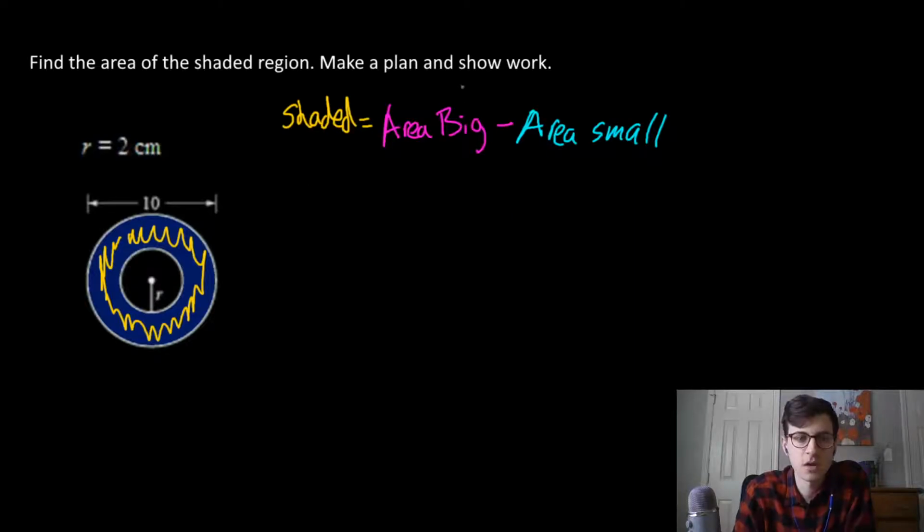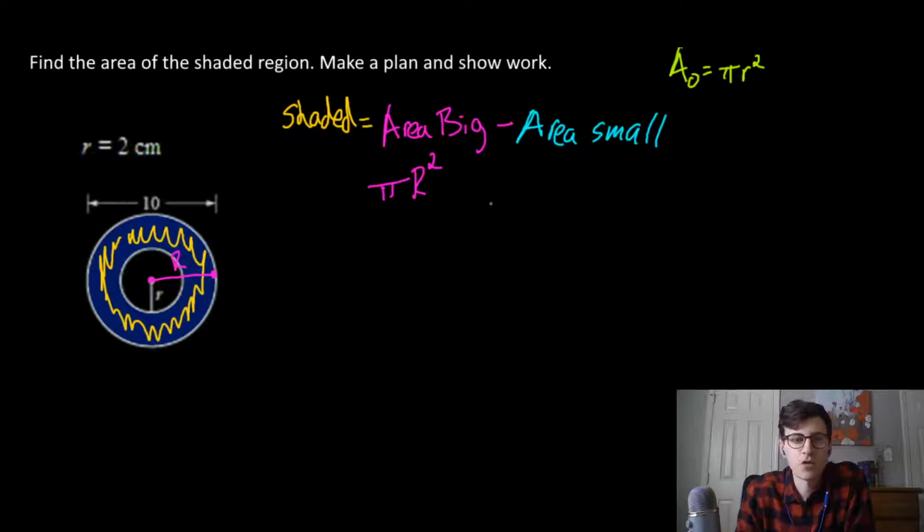Okay, so let's think about this. The area of a circle is pi r squared. So the area of my big circle is going to be pi times the radius of my big circle, which we'll call big R, squared.